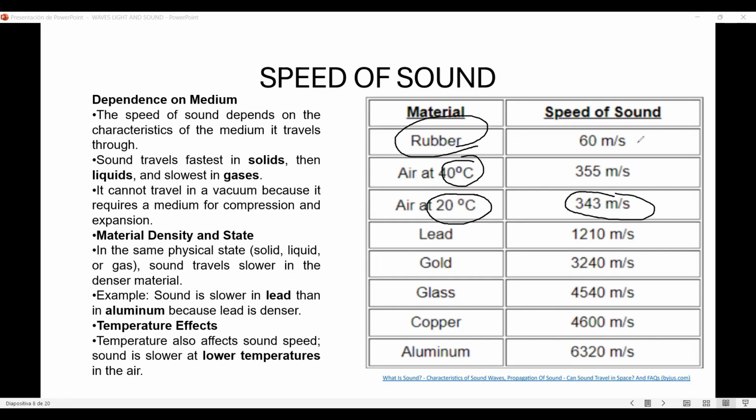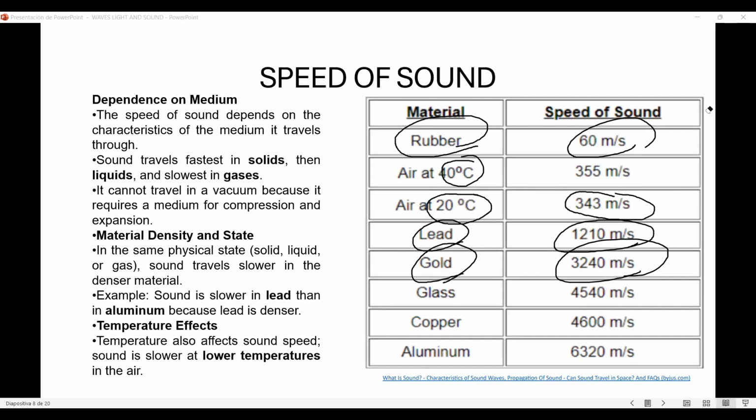In rubber, for example, it will travel at 60 meters per second. But in solids, as we have mentioned, it will travel faster, right? In lead, for example, it will travel at 1,210 meters per second, but in gold, it will travel faster, right? So it's really important to recognize these patterns.